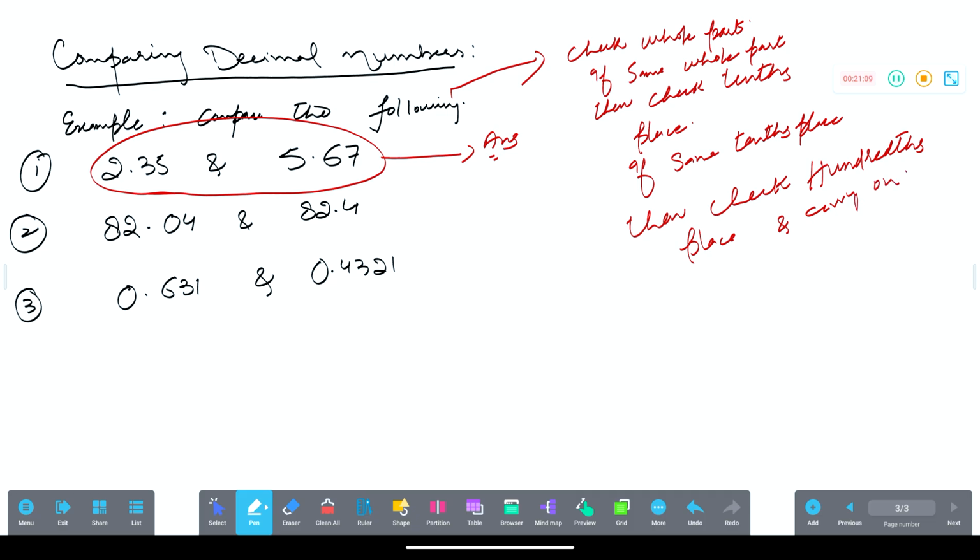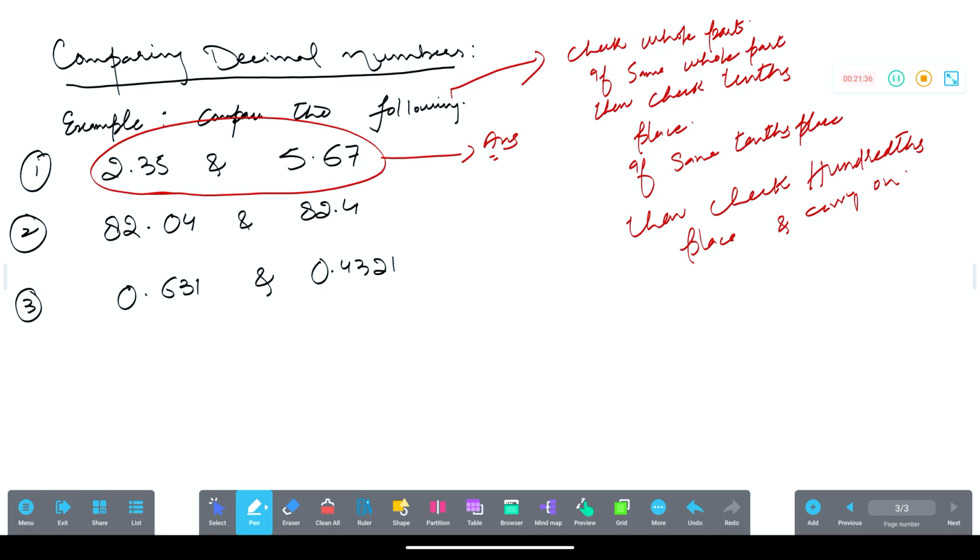Now if the whole part and the first digit of the decimal part, that is the 10th place, are both the same, then you move to the next digit after the decimal point, and that digit is the 100th place. Whosoever is having 100th place greater will be considered as greater. अगर इक्वल हुआ तो हम एक और प्लेस की ओर जाओगे, 1000.